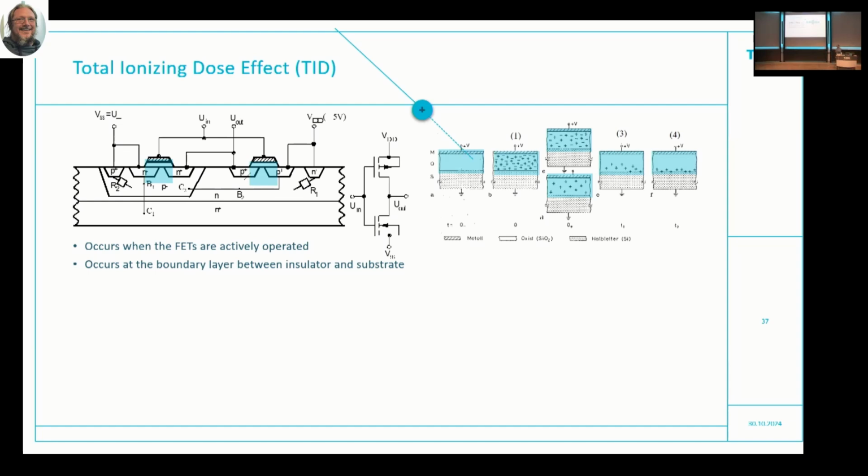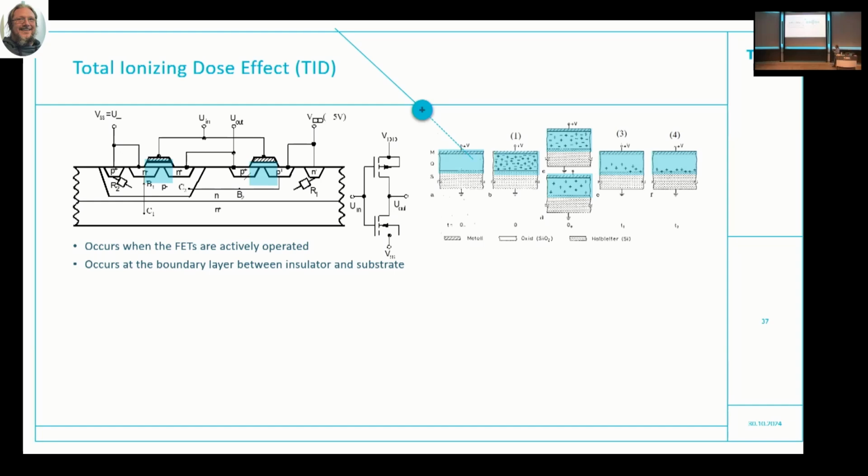These electron and hole pairs are not a big issue because they recombine, especially when you have a voltage level on your gate. Then the electrons will flow pretty fast to the gate, and the protons or the holes will just move slowly down towards our surface layer.